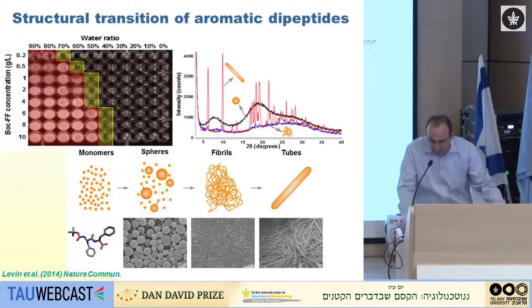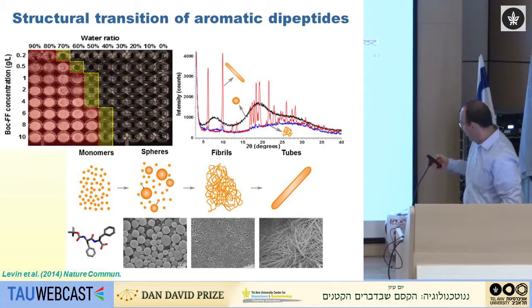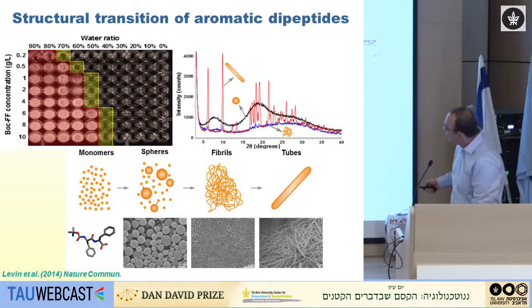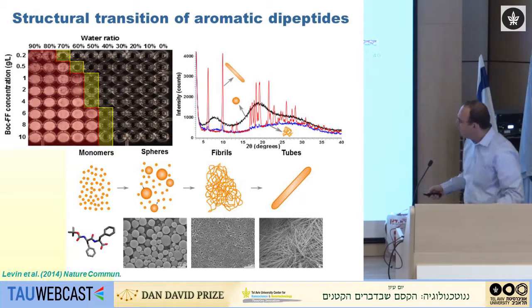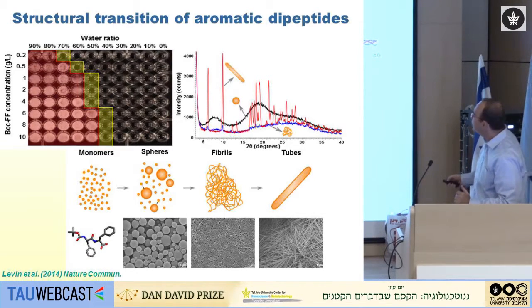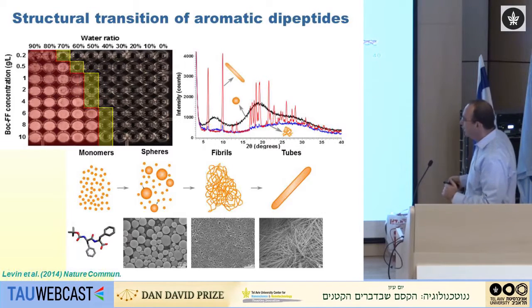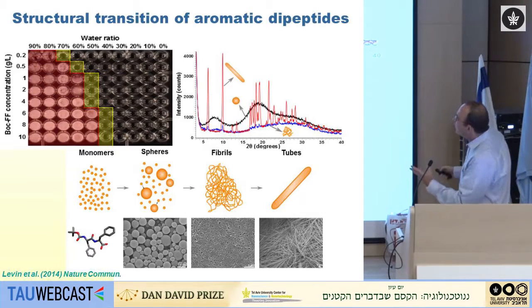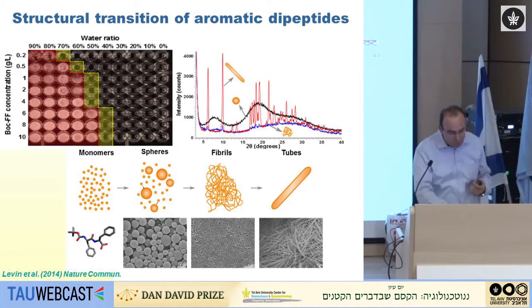For example, in this quite recent work, we demonstrated that these very simple building blocks, Boc-diphenylalanine, can form all kinds of various architectures at the nanoscale, spheres, fibers, tubes, and we see a typical phase transition and phase separation, as you see with much larger polymers. And we truly could use polymer chemistry concepts to understand these activities.